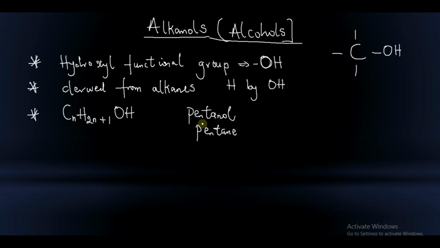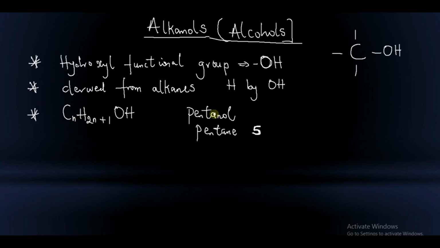Remember I said that alkanols are gotten from alkanes when a hydrogen atom in the alkane is replaced by an OH group. Pentane is the fifth member in the alkane series, so it has 5 carbon atoms. That tells you that n is 5.